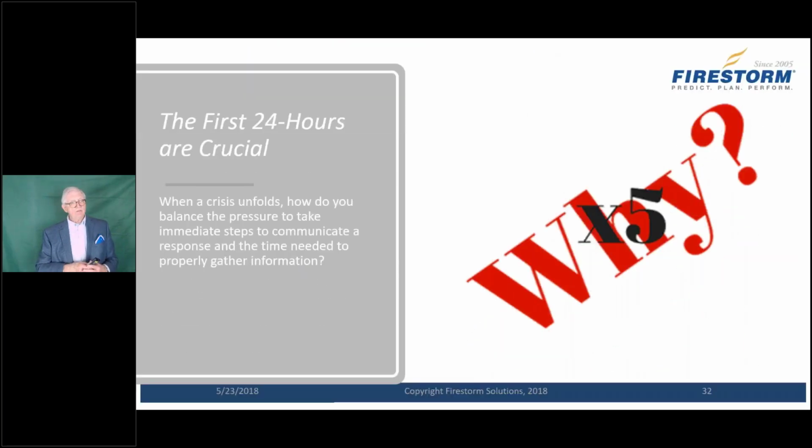Now, if you feel that you have to communicate, particularly in the first 24 hours, there's a rule of 5. Someone on your city council or your leadership is going to come to you and say, we've got to frame this issue. We have to get out in front and talk about it. And I want you to stop and slow it down just a little bit and say, why? They'll give you an answer. It's probably a pretty good answer. Then you ask, why?